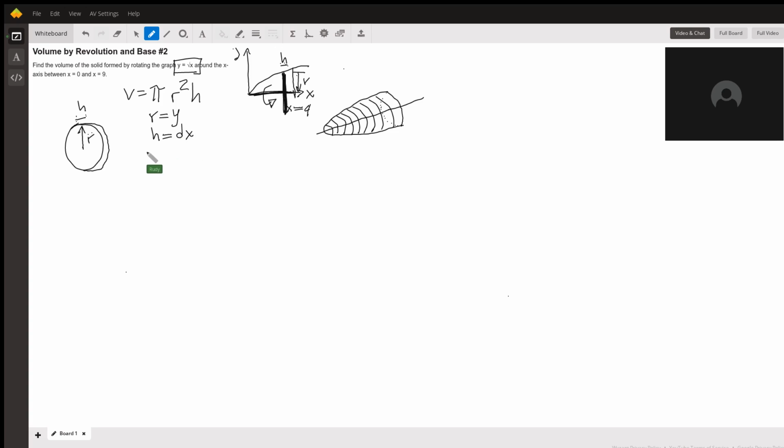All right, so then we have dV, an infinitesimal volume. Like I said, the key to these problems is to break the solids into really tiny coins or disks.